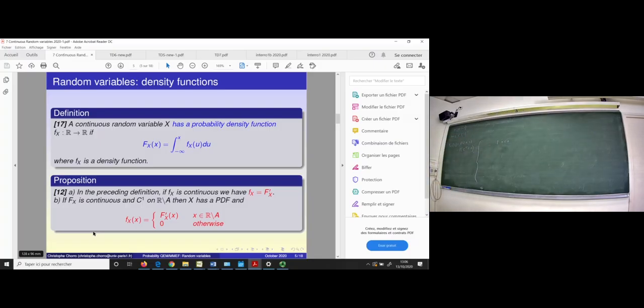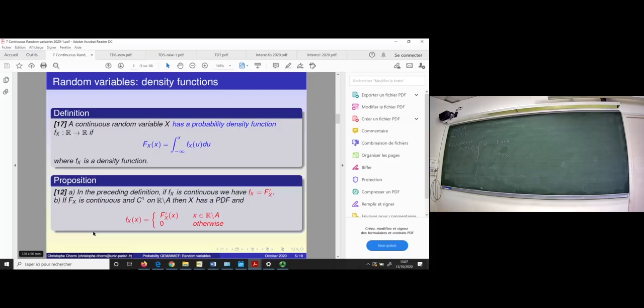An exponential is strictly positive. So what is the probability to be less or equal to 0? 0. So in this situation, I know that this probability is equal to 0. So the only case that interests me is the case where x is strictly positive. Okay?